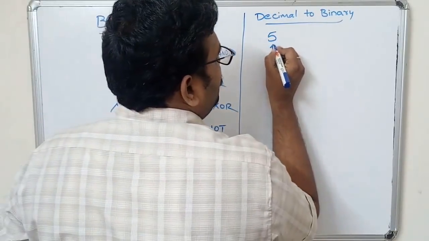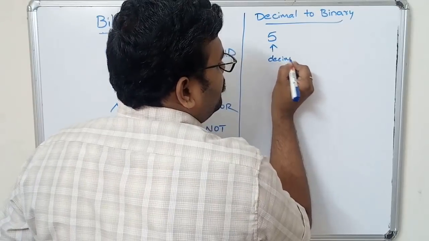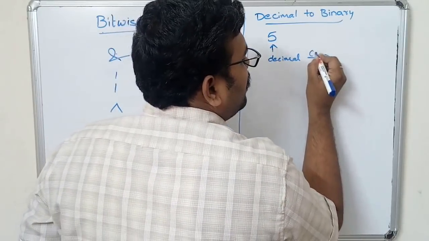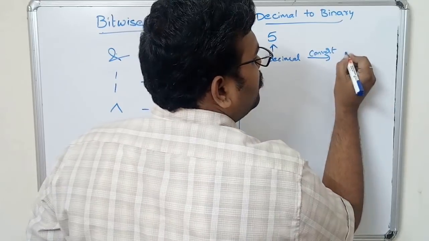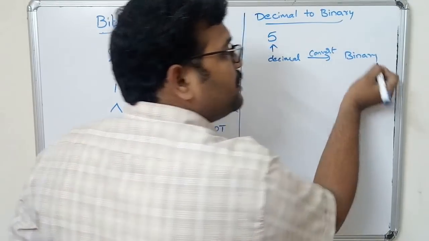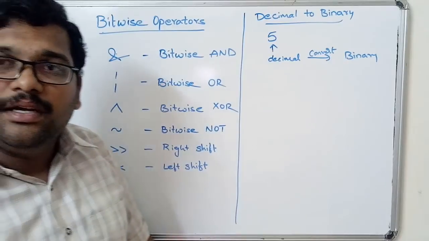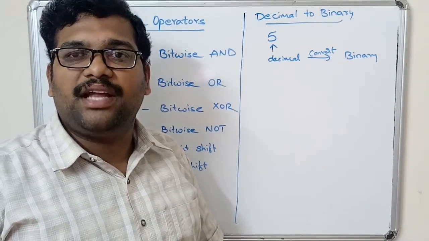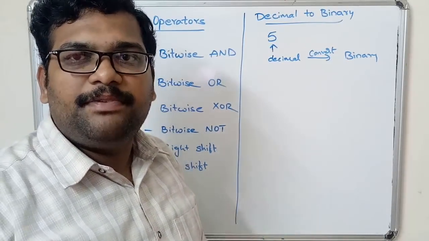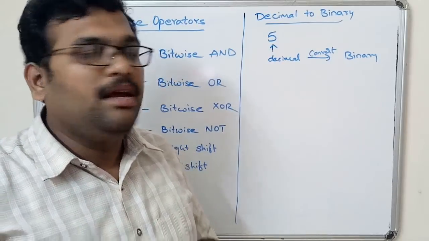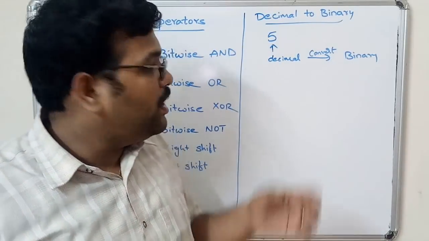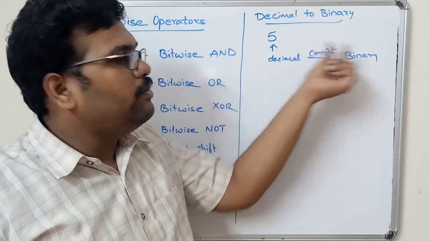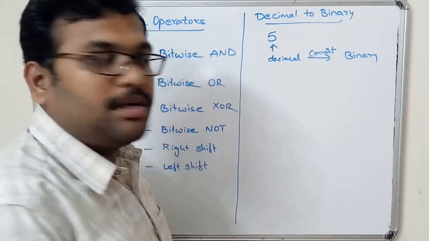This is decimal, and we need to convert it into binary. As we know, binary language is only a combination of zeros and ones. Except zeros and ones, no other number will be in this binary language. Let us see the procedure.